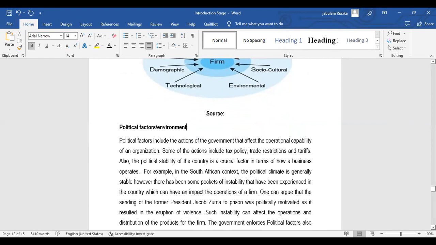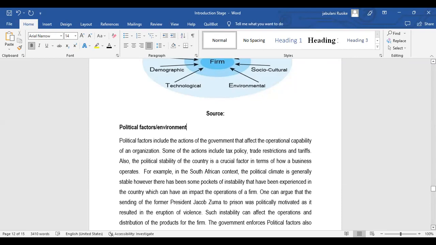Now, what are those actions? It is the government that enforces tax policies. It is the government that enforces laws in terms of how an organization should work. It is the government that enforces tariffs, or what they call the fiscal and monetary policies.